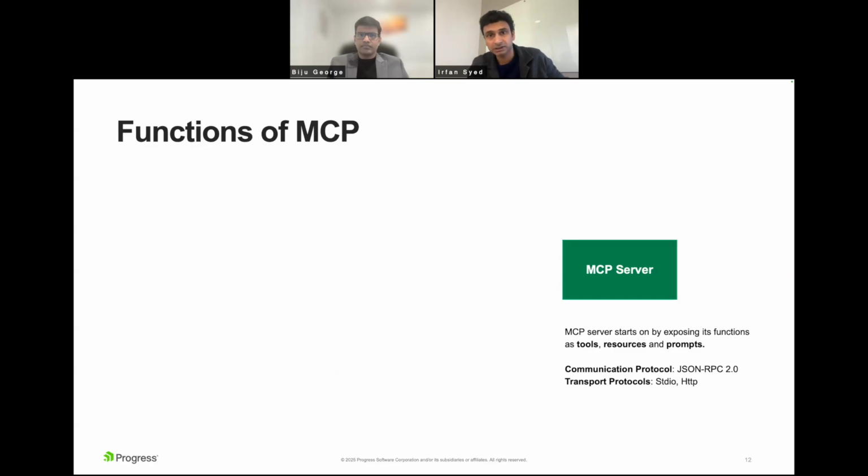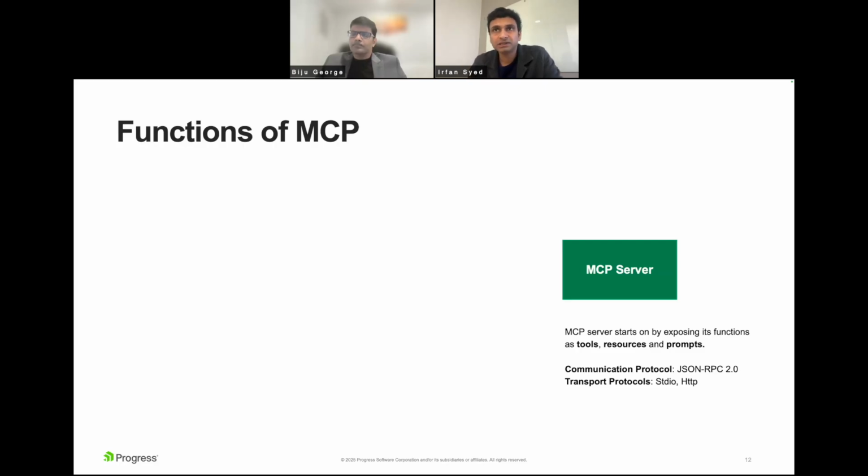An MCP server starts by exposing its functions or features as tools, resources, and prompts. The protocol that the MCP server uses is JSON RPC, which I mentioned earlier, and the transport protocols required to start the MCP server and communicate are STDIO, which is called standard input output, and then HTTP.